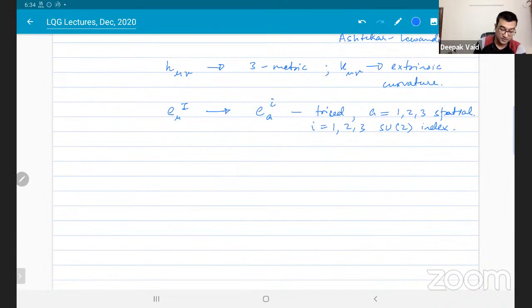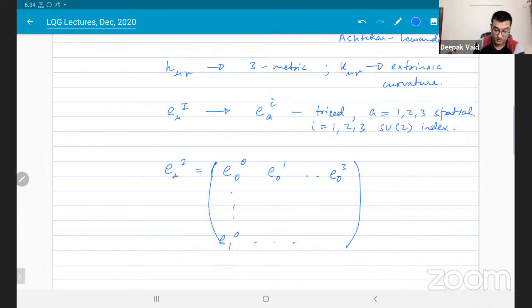Okay. So, roughly speaking, what is E mu I? If you write it as a matrix, right, you will get 0, 0, 0, and then E1, 0, E3, 3, right?